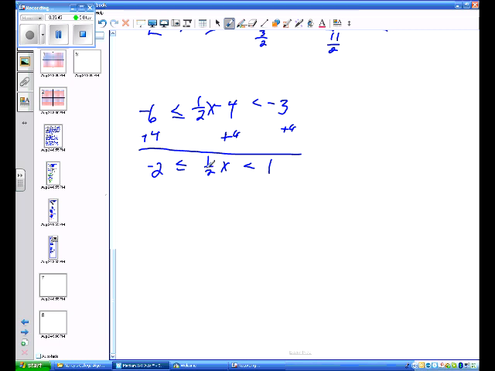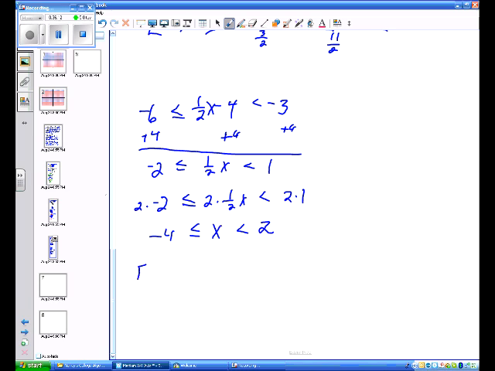So the reciprocal of 1/2 is 2, and here we're multiplying everything by the 2 because we want to get rid of our fraction. Now we multiplied everything by a positive number, so our inequalities do not change. So we end up with negative 4 is less than or equal to x, and x is less than 2.